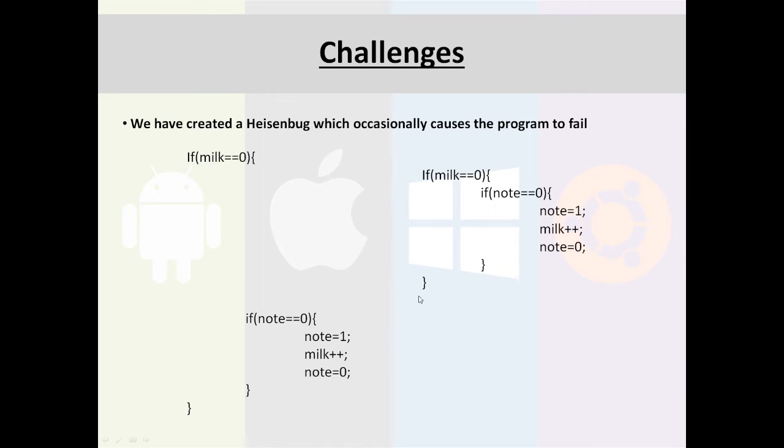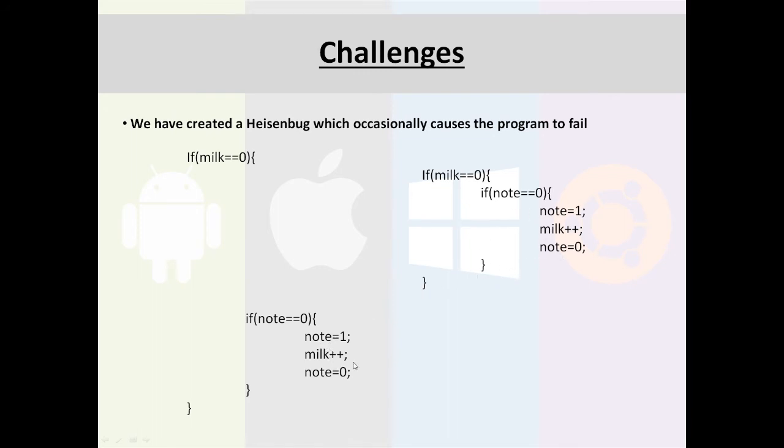And then the scheduler says, okay, well, he's done, so are there any other processes that need to be scheduled? Well, yes, roommate 1 still needs to finish. And he's going to come in here, but he's already checked the milk is equal to 0, so he'll continue off on this next line here. And lo and behold, the note is 0 because roommate 2 had finished everything and had set the note back to 0.